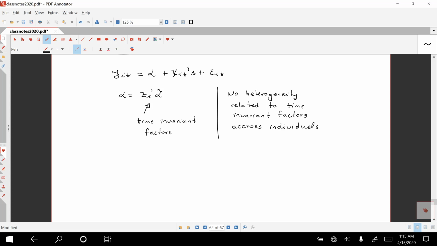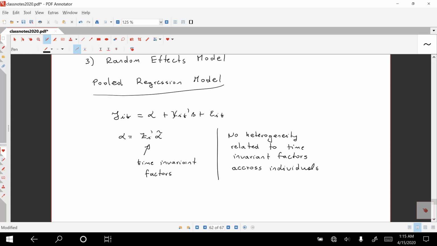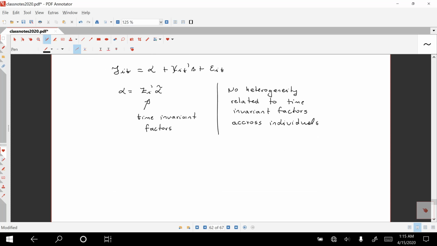And I'm saying that this is a basic model because later on, when we go to the lab, you will see that in the random effects model and in the pool regression model, we can include and estimate the effects of certain time invariant factors.